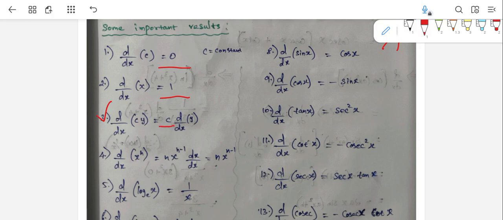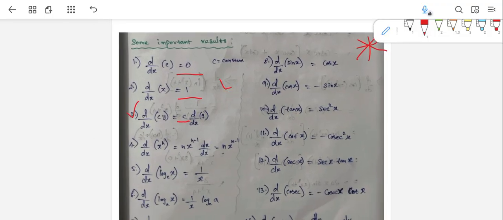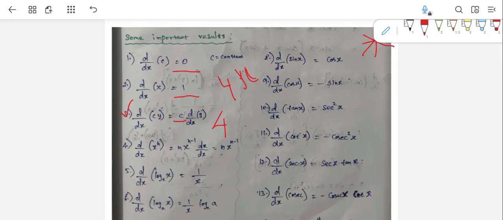You should keep the constant outside and differentiate only the quantity or the function which has been given in place of y. So just now I said 4x. If you have d by dx of 4x, you can keep the 4 outside as it is and differentiate x alone.